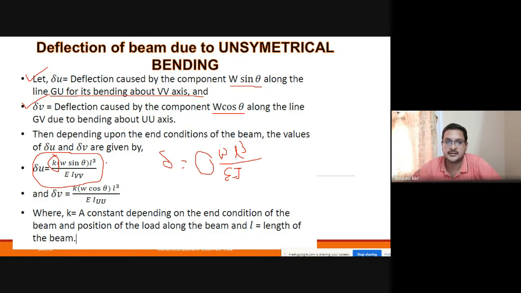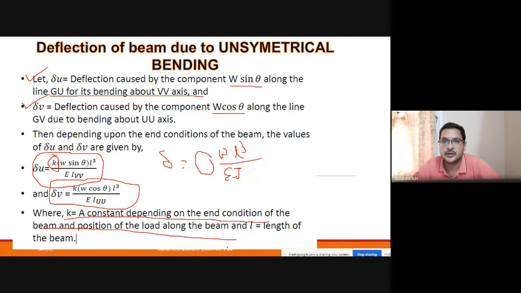So delta U is K W sin theta L cube by E I VV, and delta V is K W cos theta L cube by E I UU, where K is a constant depending on the end condition of the beam and the position of the load along the beam.